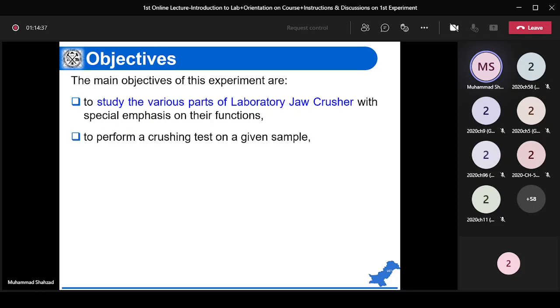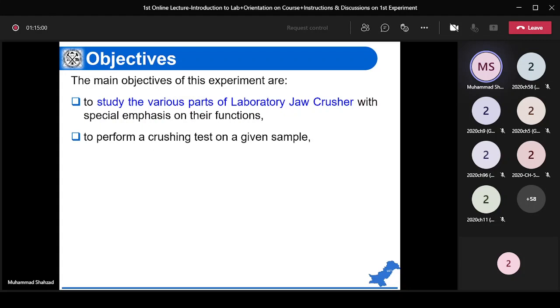Then after studying the machine, we will perform experiments on a given sample. We will use some rock samples, large pieces or lumps, and then we will put those pieces into a running jaw crusher. The crusher will break those lumps into smaller fragments.